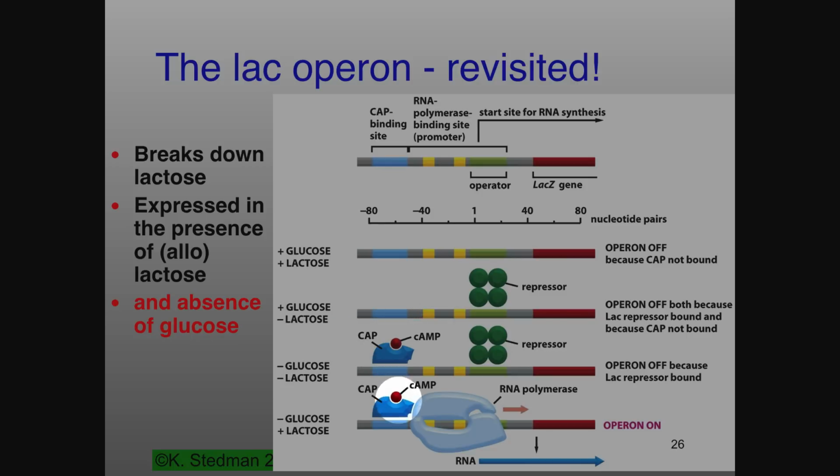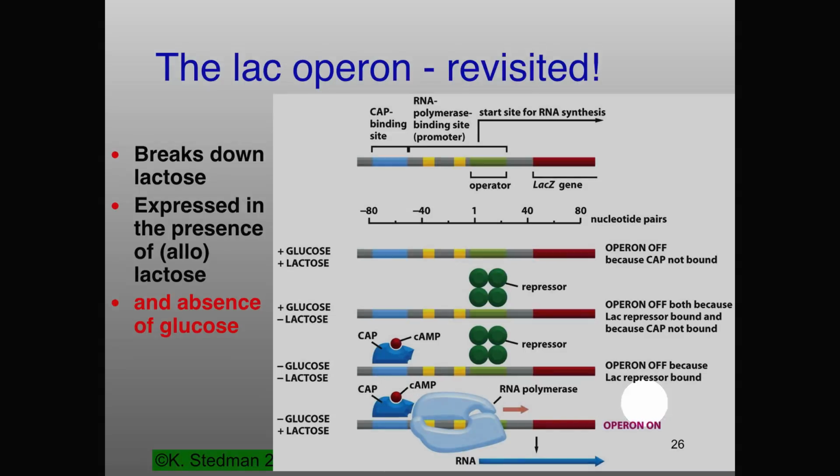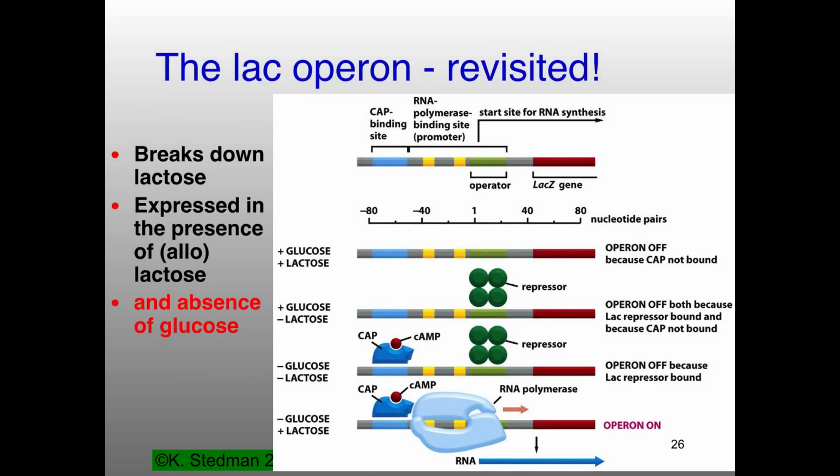Low glucose means you want to stimulate the binding of an RNA polymerase, but you only want to stimulate it in the presence of lactose. In the presence of lactose, the repressor comes off, and in the absence of glucose, the activator comes on. Now you have expression. So the repressor binds to DNA and blocks RNA polymerase; the activator binds to DNA and stimulates RNA polymerase.